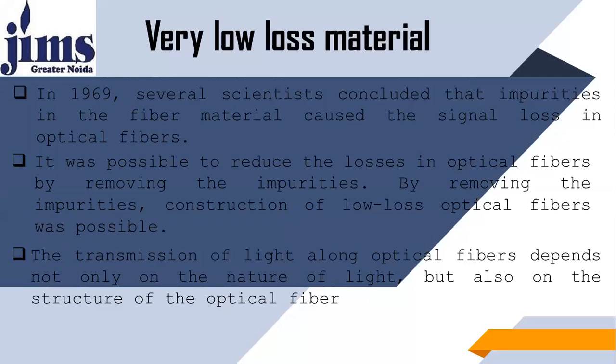This is also true. The transmission of light along optical fiber depends not only on the nature of the light, but also on the structure of the optical fiber. This is also true because the structure of the optical fiber decides the transmission of light.